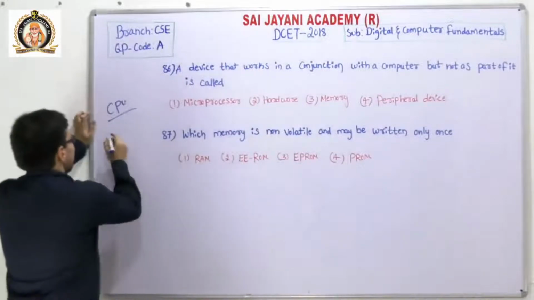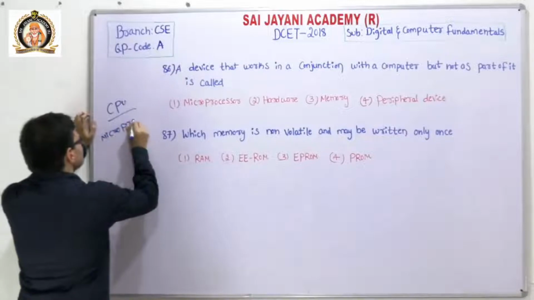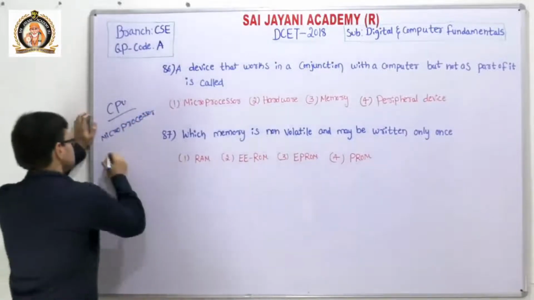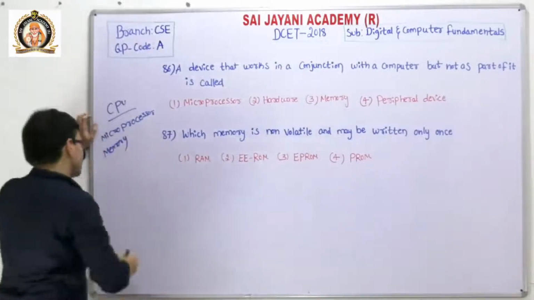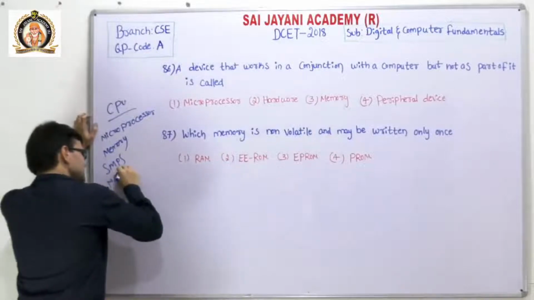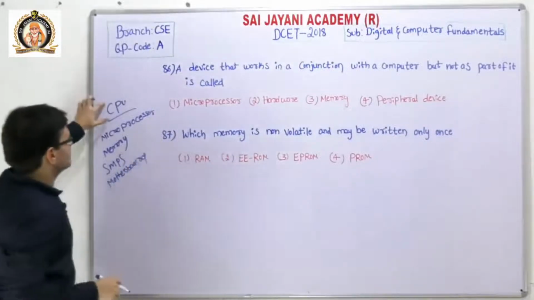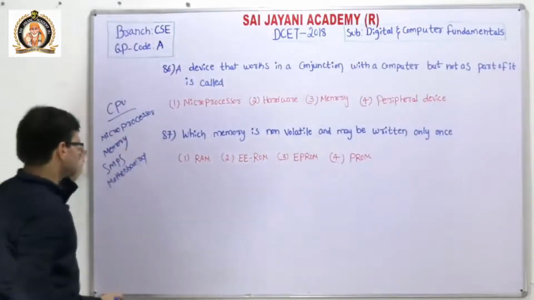In the CPU we have mainly the microprocessor, or we can call it the processor, and also we have memory, that is RAM and ROM, and SMPS and motherboard. These are all essential parts of a CPU.